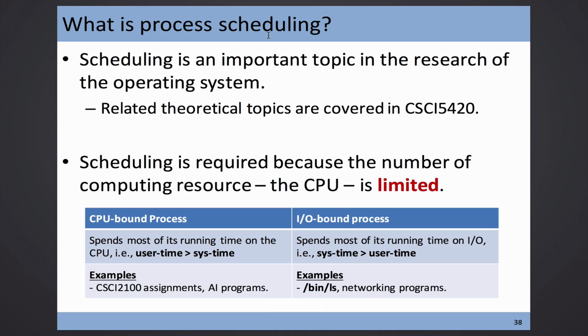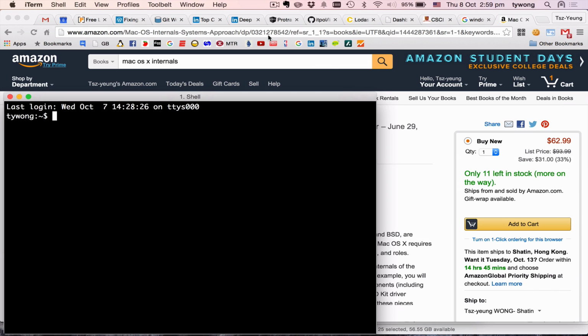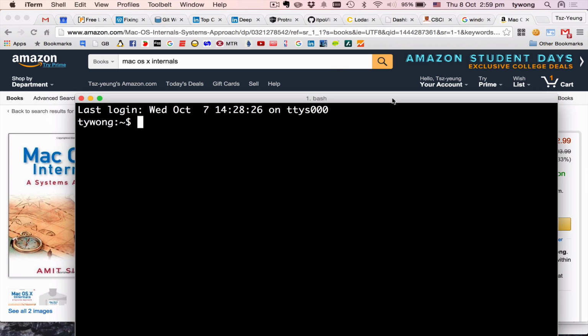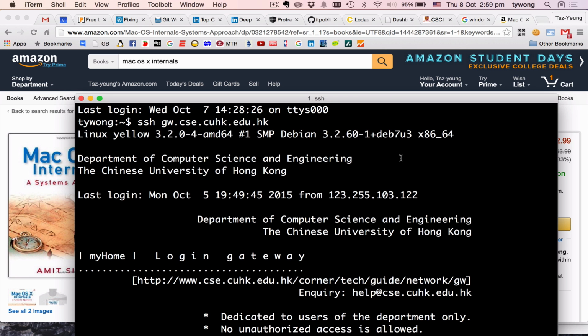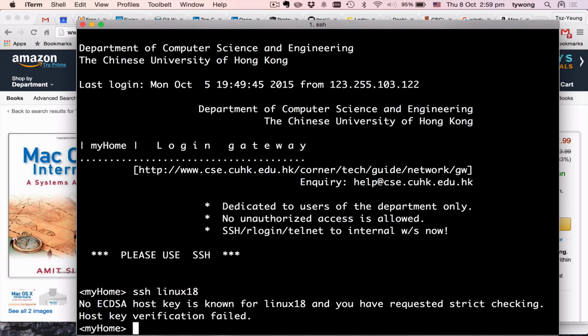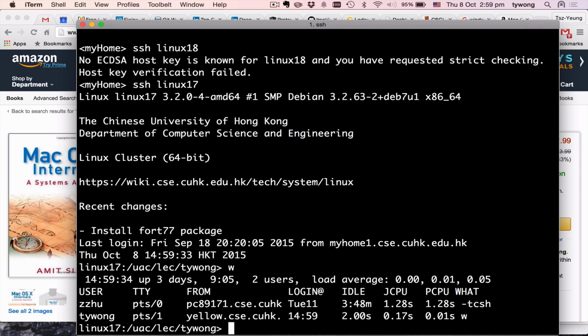Now let's take a look at whether we can find this kind of process. I don't know, this is a real life show. Let's go to our department, and I will go to the Linux, maybe 18. Oh, 17? No process there.